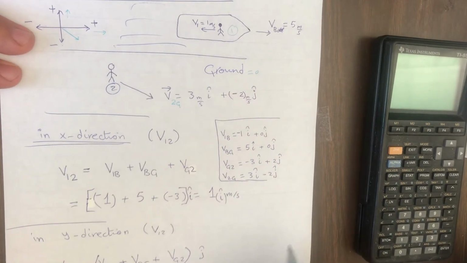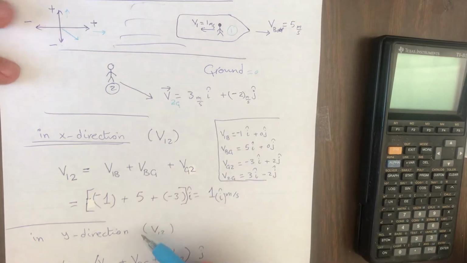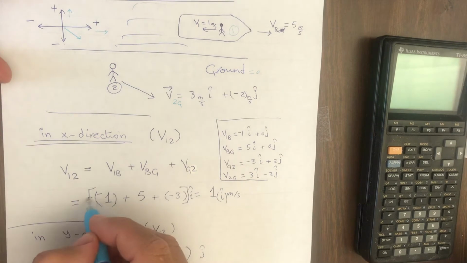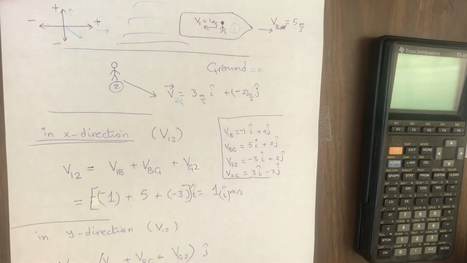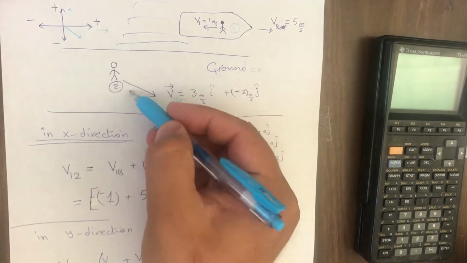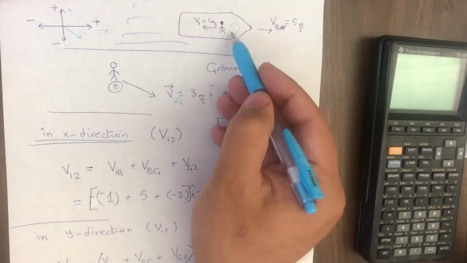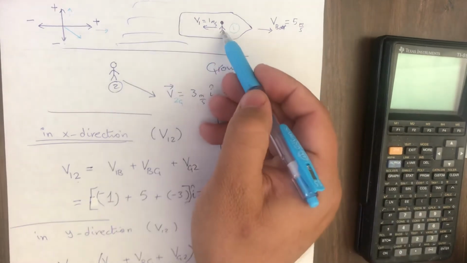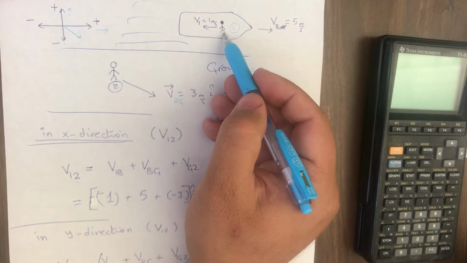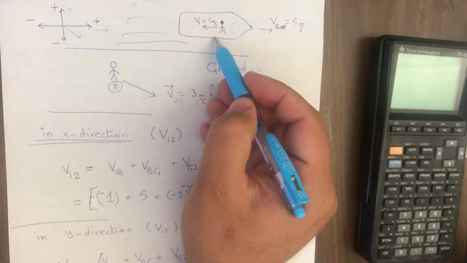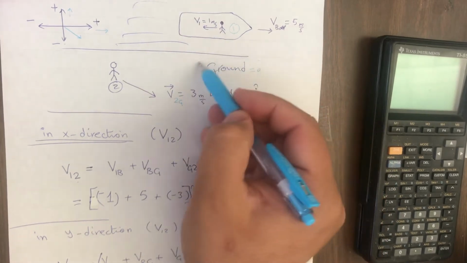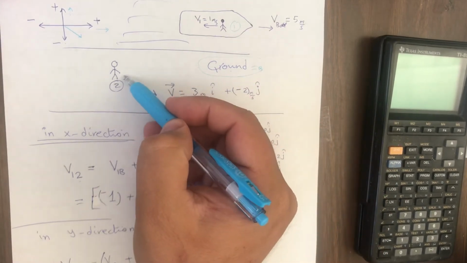We have two directions, x and y, so we can work with x separately from the y direction. Okay, now I need v12, v1 with respect to 2. I can reach from 1 to 2 by considering the velocity of the first person with respect to the boat, and the velocity of the boat with respect to the ground, and the velocity of the ground with respect to the second person.